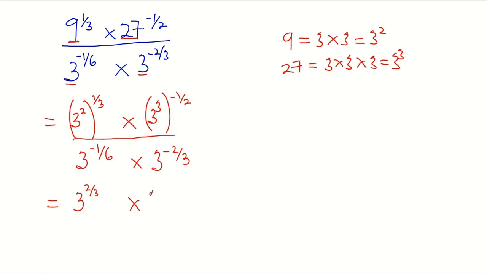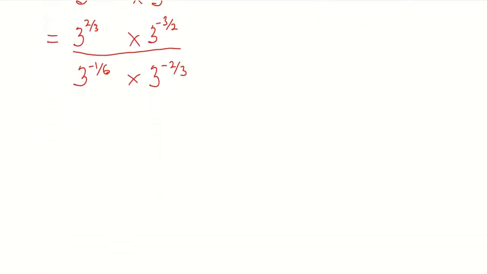So we have 3 exponent negative 3 out of 2. Now all divided by, we maintain the same values for the denominator, and we have 3 exponent negative 1 out of 6 times 3 exponent negative 2 out of 3. Now having gotten this, we proceed.